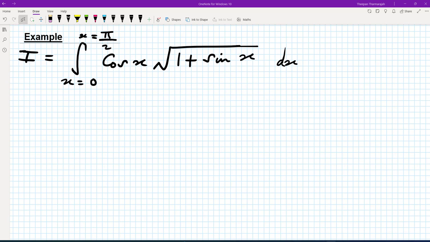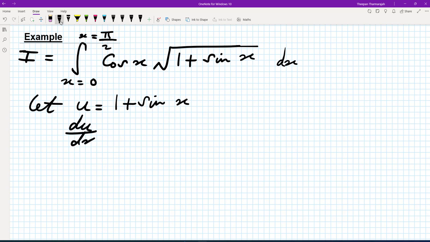Okay, so the last example is the integral of cos x times the square root of 1 plus sine x, with the limits of pi over 2 and 0. Don't forget they're in terms of x, not u. Do we have a function and its derivative? Yes, we do. So let u be 1 plus sine x. Then du by dx: the differentiation of 1 is 0, and the differentiation of sine x is cos x.